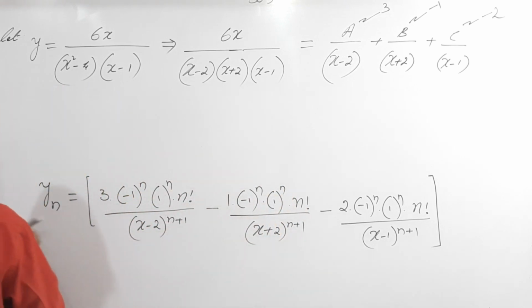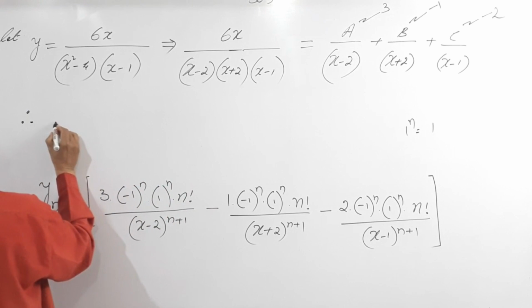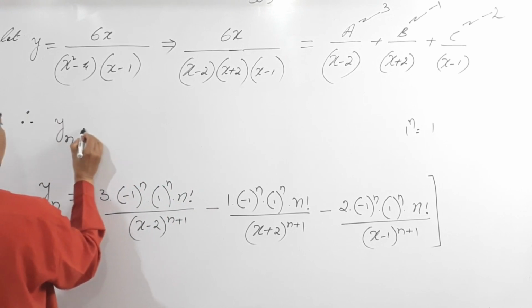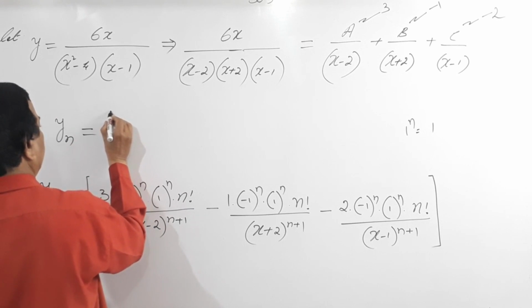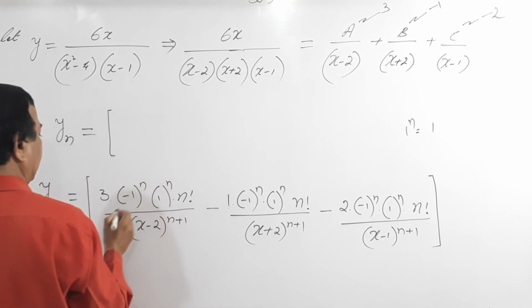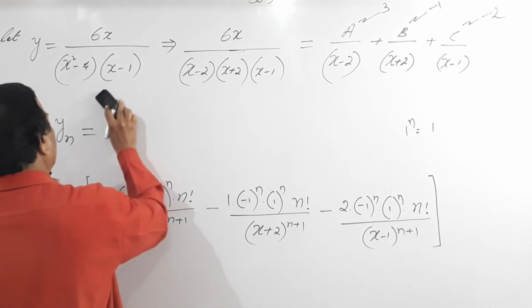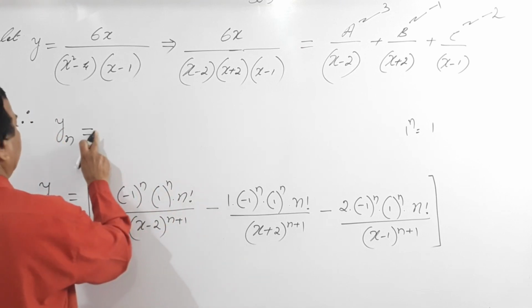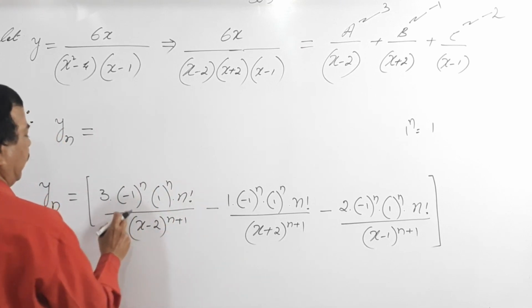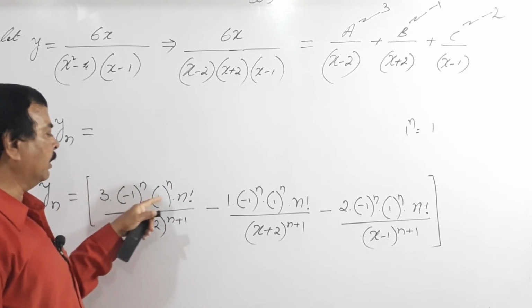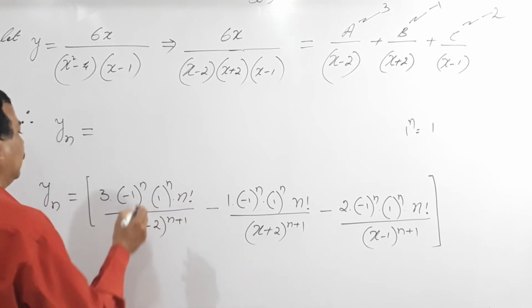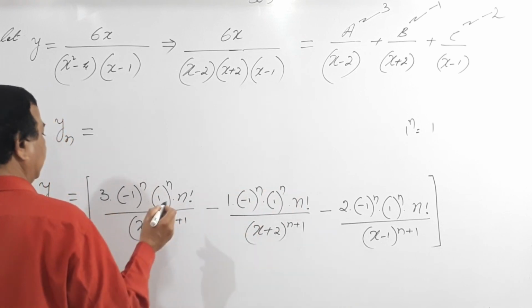Therefore I write yn equals, I'll open a square bracket, I'll take minus 1 to the power of n into n factorial common between all the three values.